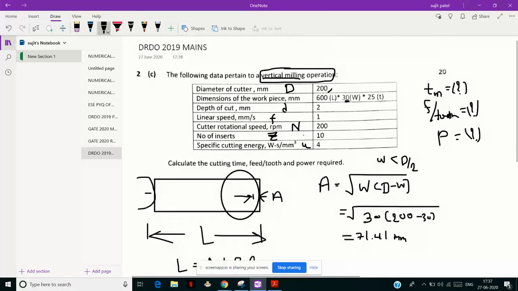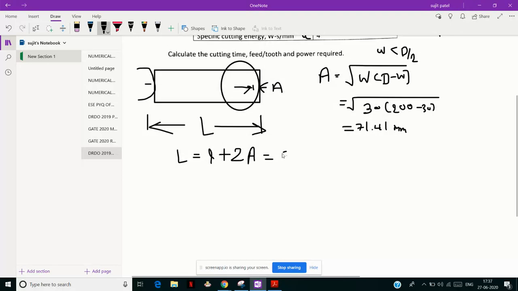The length of the workpiece is 600 mm, plus 2 times 71.41 mm, so this is 742.83 mm.